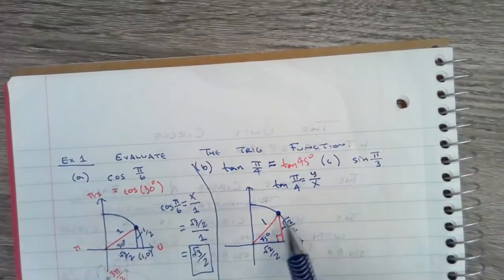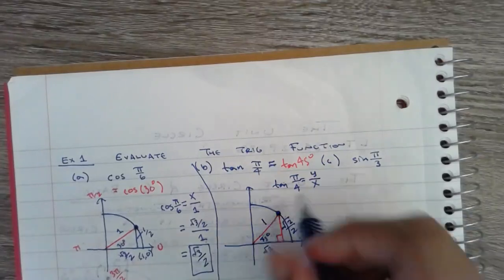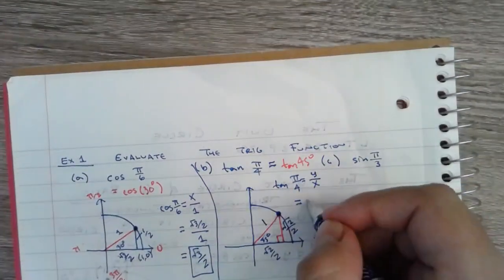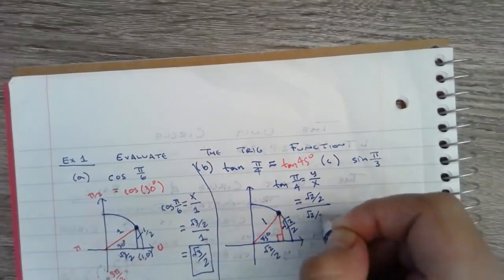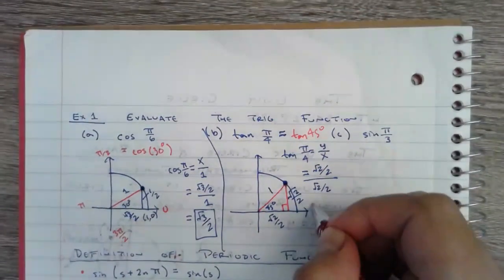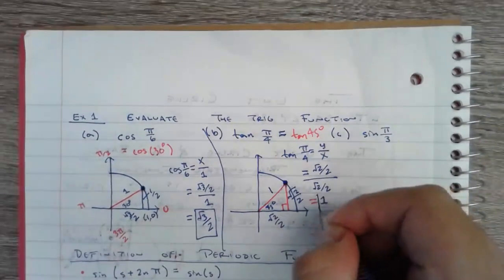Why is it y over x? Because remember, this is the opposite over the adjacent. So now we have square root of 2 over 2 divided by square root of 2 over 2. Now, if you notice, square root of 2 over 2 and square root of 2 over 2 cancel, so therefore your answer should equal 1. So that's your answer.